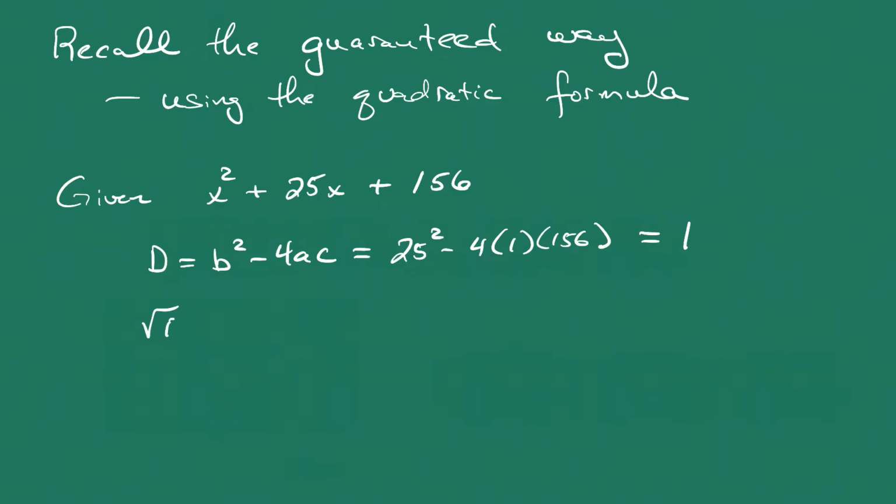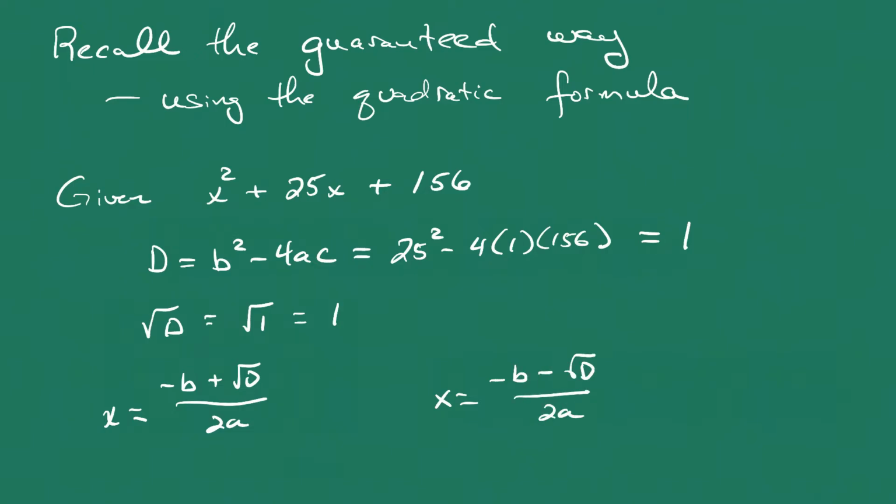Taking the square root of the discriminant is really easy because we just have the square root of 1, which is again 1. Now, computing our roots from the quadratic formula, we have x is equal to negative b plus the square root of the discriminant over 2a, and x is equal to negative b minus the square root of the discriminant over 2a.